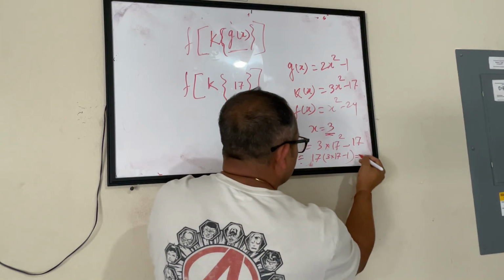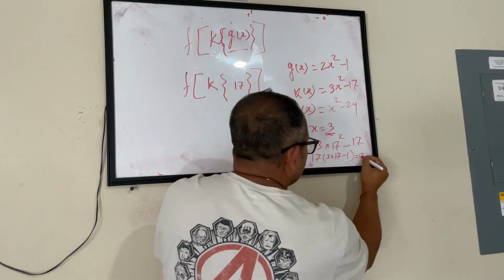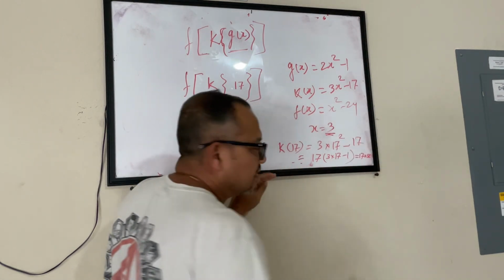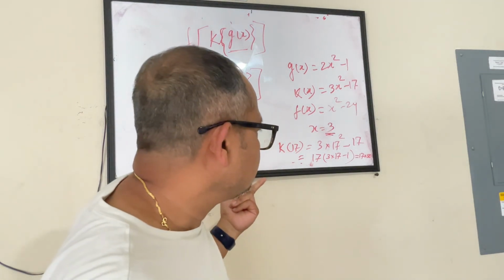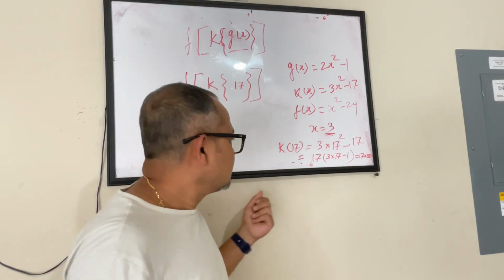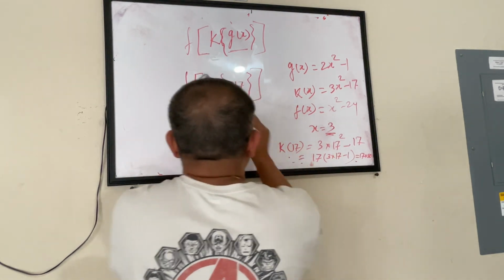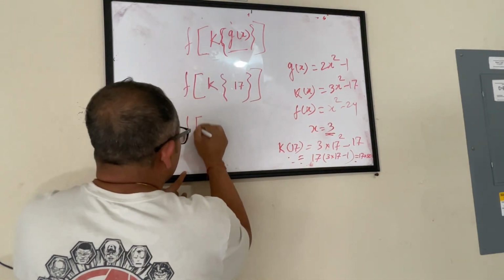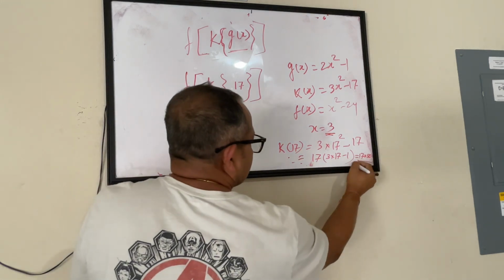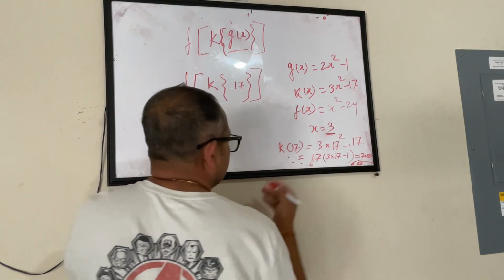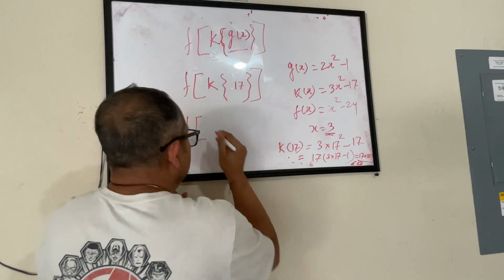So this becomes 51 minus 1, 50. So 17 into 50, whatever it is, 650. Yeah, 650. So we got k of this as 650.